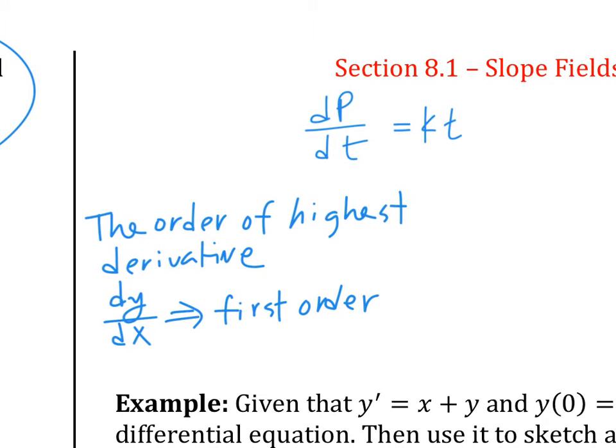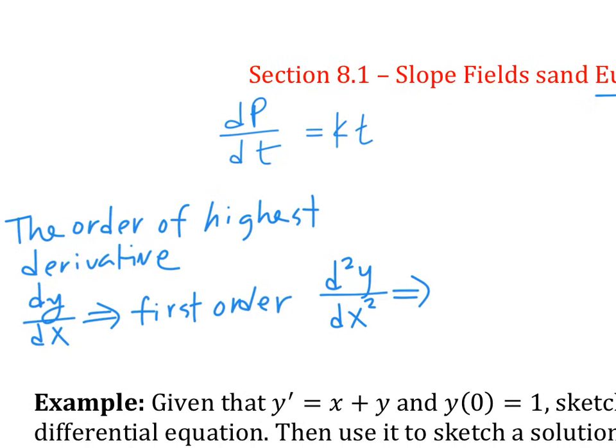And then when you have something like d2y dx2, it means second order because it's the second derivative. So they will refer to this a lot. They will say the order of the derivative is 2. That means they're talking about second derivative, and so on.